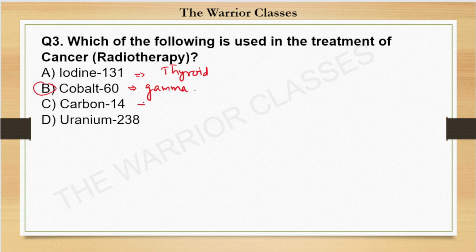Carbon 14 is used for carbon dating to find the age of fossils. And uranium 238 is used as fuel in the nuclear reactor.